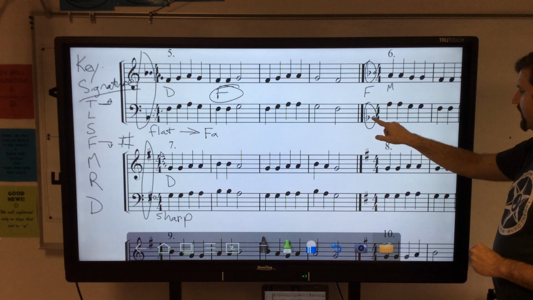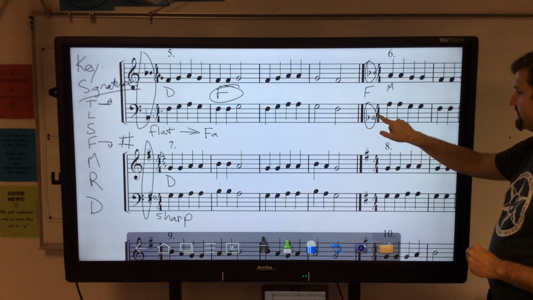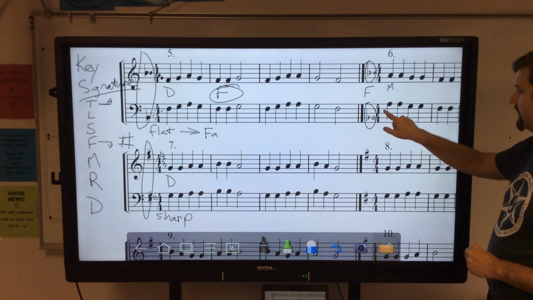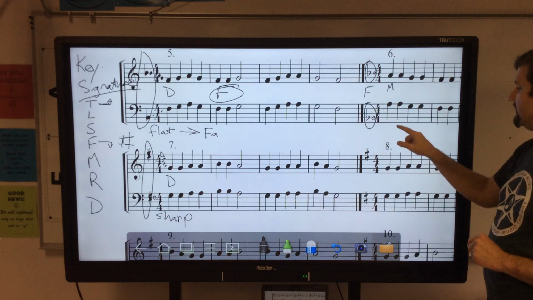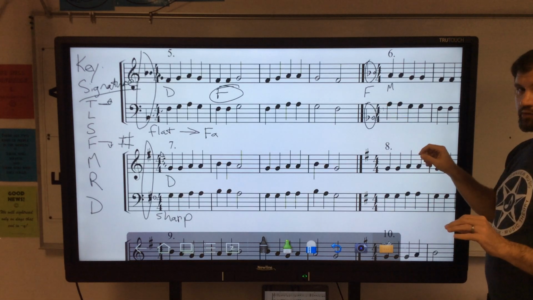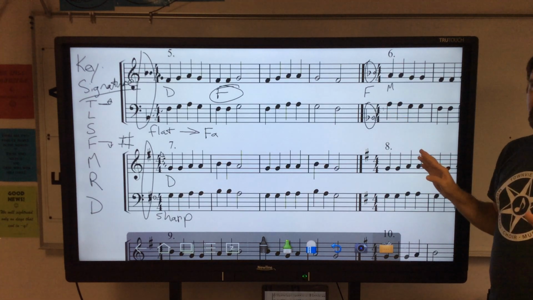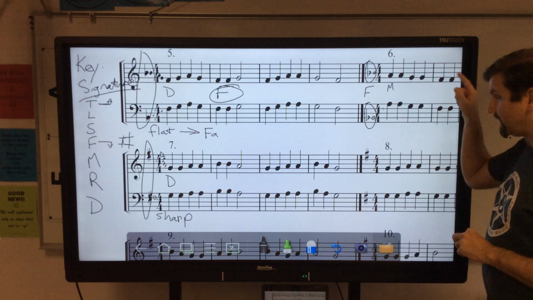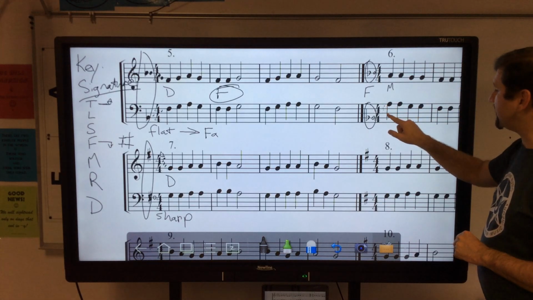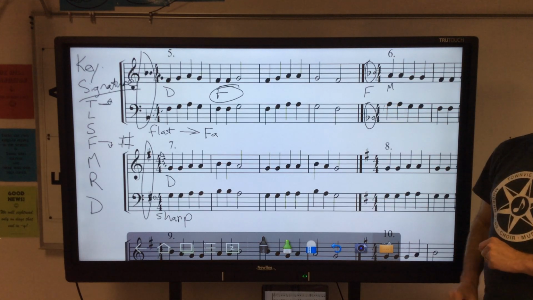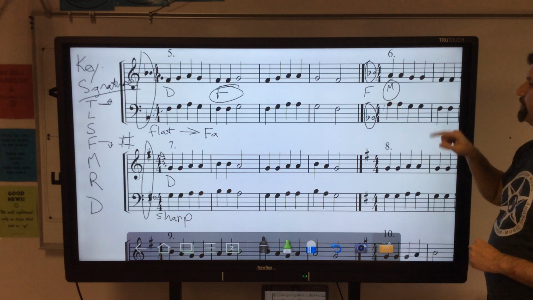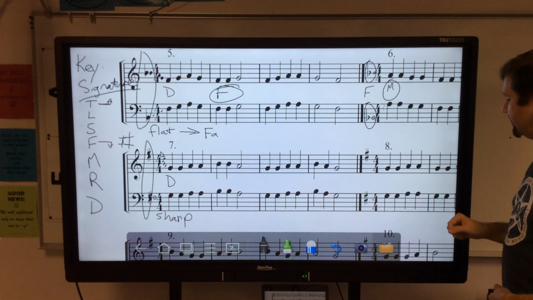And here, fa, so is on the space here, la is on that line, ti is on the space, do is on the line. I'm not done yet because I haven't gotten to my note. So I have to keep going. Re is on that space, and then that note is mi. So it's the same for both treble and bass in that case.